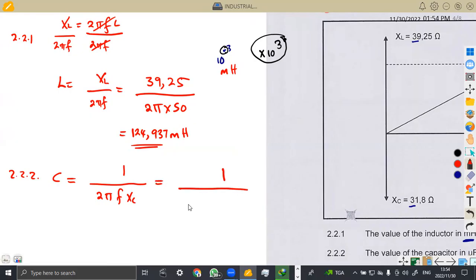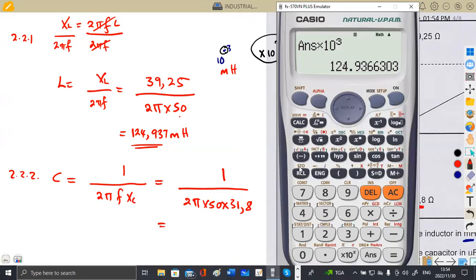That is 1 over 2 pi times the frequency. The frequency does not change, it's still 50, times XC. This is our XC here, 31.8. So we have 1 over 2 pi times 50 times 31.8.